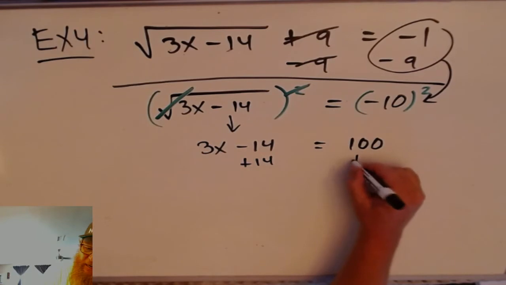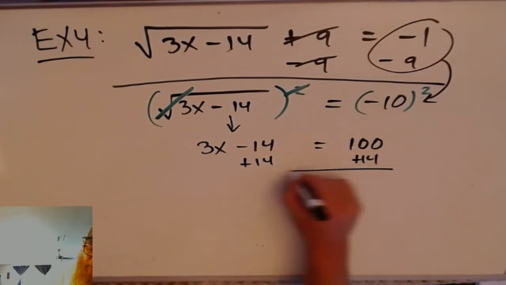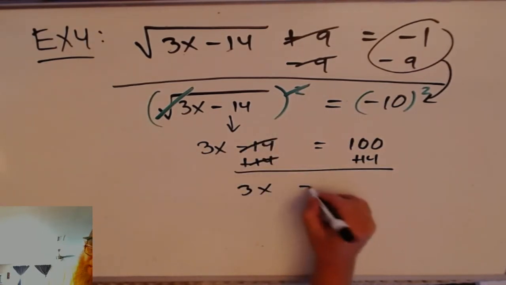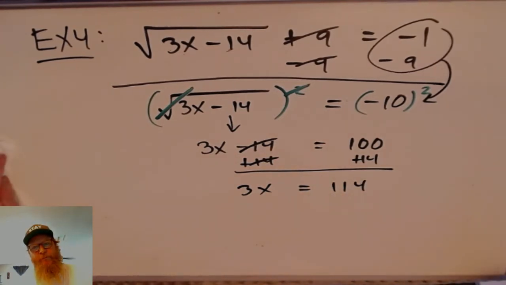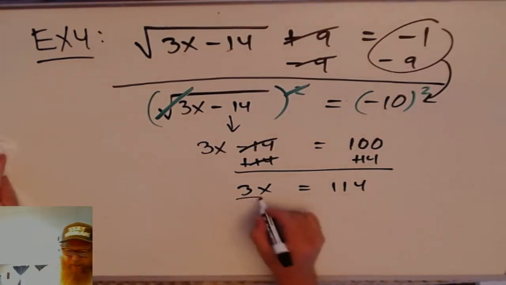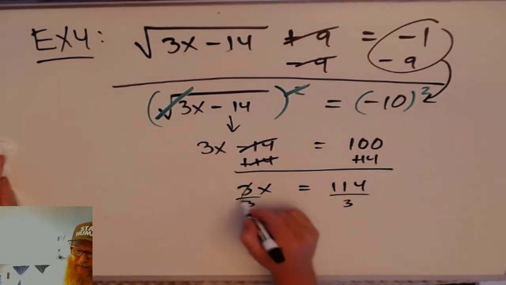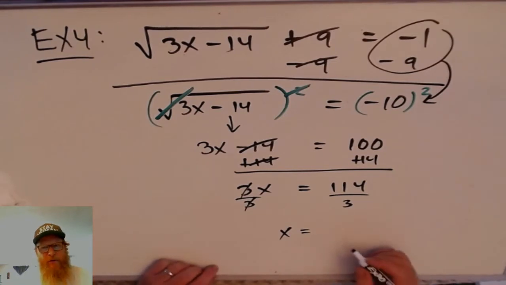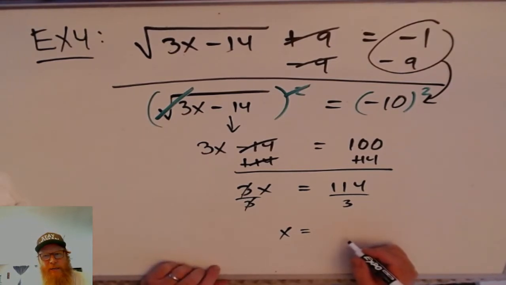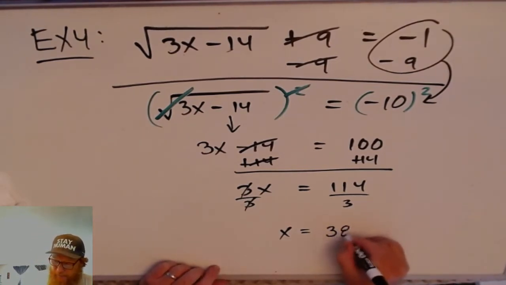Add 14. Get 3x equals 114. Divide both sides by 3. Anybody know what 114 divided by 3 is? It's 38.